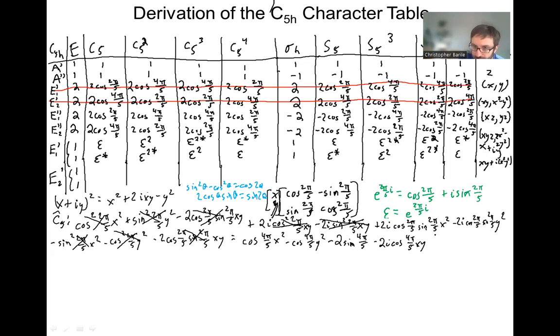And so that's going to be factoring out just an i there, plus i sine 4 pi over 5 x squared. And then so that's for this one. And then last term here is a minus. We can do the same thing for this y squared term. So all of our terms are accounted for. Minus i cosine 4 pi over 5 y squared.